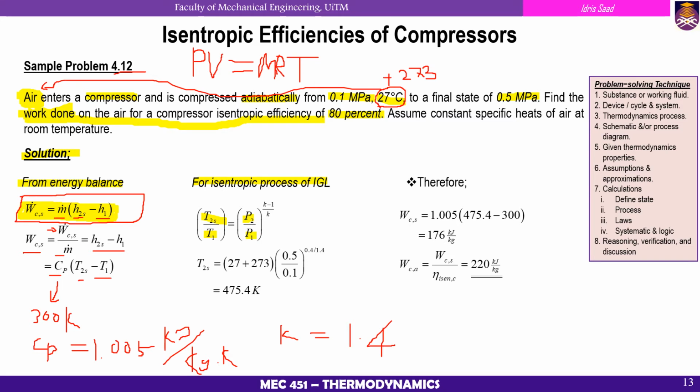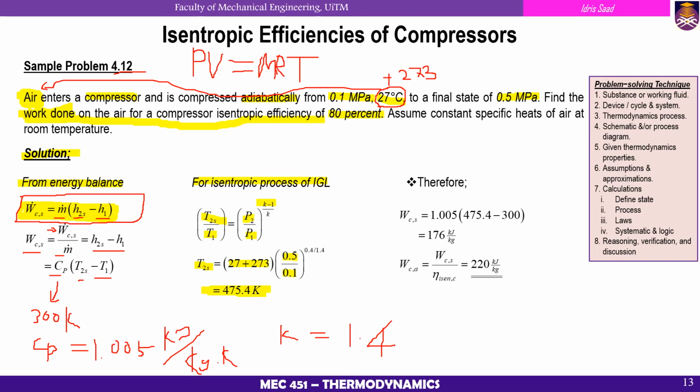So from this, you can rearrange. What you get is T2S is equal to (27 plus 273) multiplied by (0.5 divided by 0.1) to the power of 0.4 divided by 1.4, since k minus 1, 1.4 minus 1, is equal to 0.4. So now you can get T2S is equal to 475.4 Kelvin.